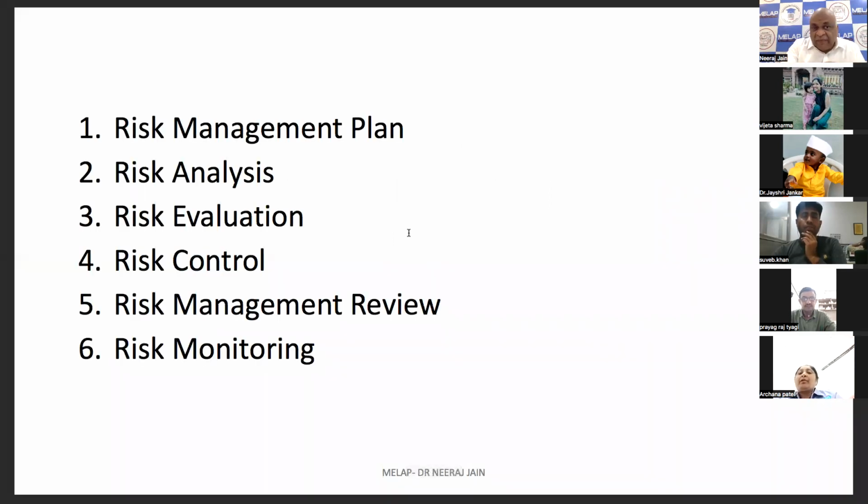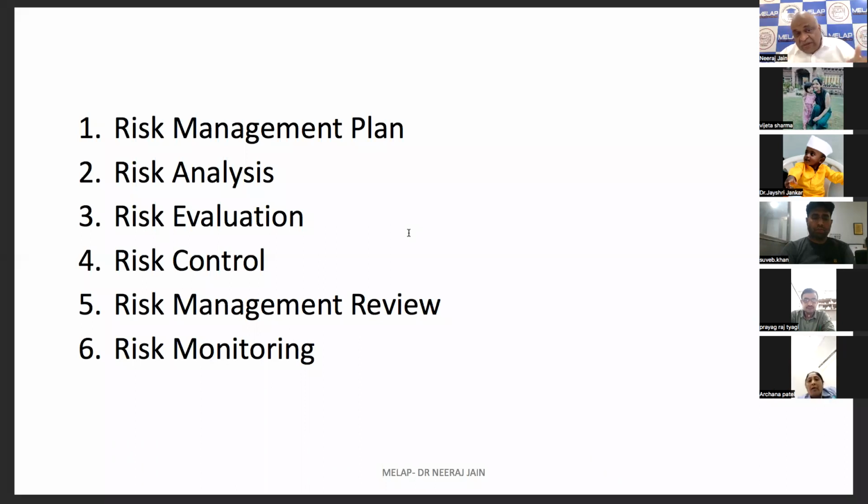See, first you shall have a risk management plan. Then you are evaluating your activities. You are carrying out risk analysis. You are identifying a risk activity. Then you are evaluating. You are taking appropriate measures to control that. You are discussing in the management review: these were the areas identified, these were the actions taken.